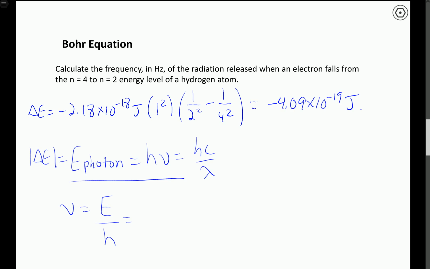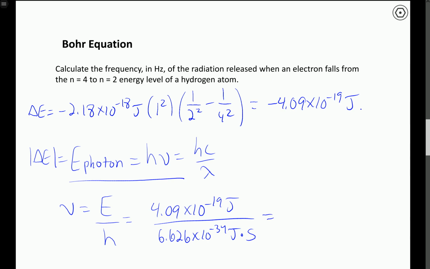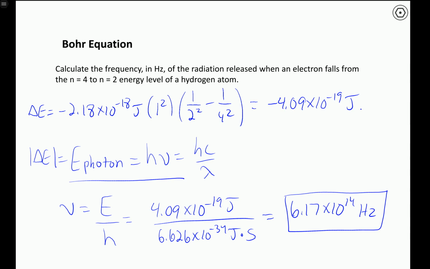So the energy, again, is given by delta E that we calculate from the Bohr equation, 4.09 times 10 to the minus 19 joules, divided by h. So we should get 6.17 times 10 to the 14th hertz. Now the units for hertz are seconds to the minus 1, or cycles per second, and that's equivalent. There's no conversion between those units. They're defined the same way.